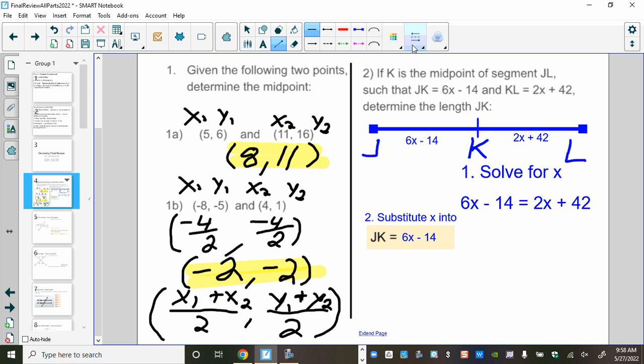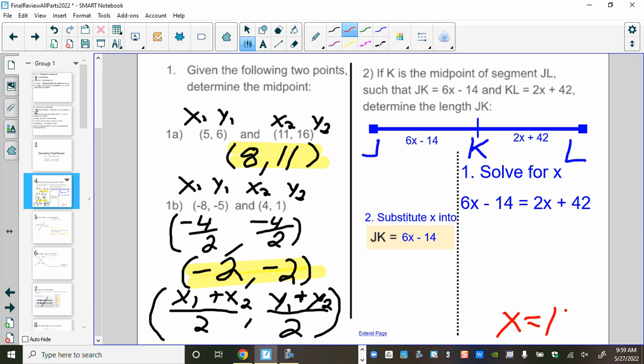I got 14. So you should get x is 14. And then JK would be 70.